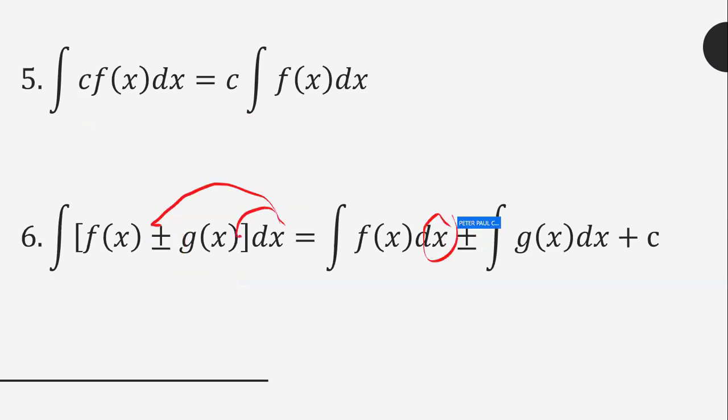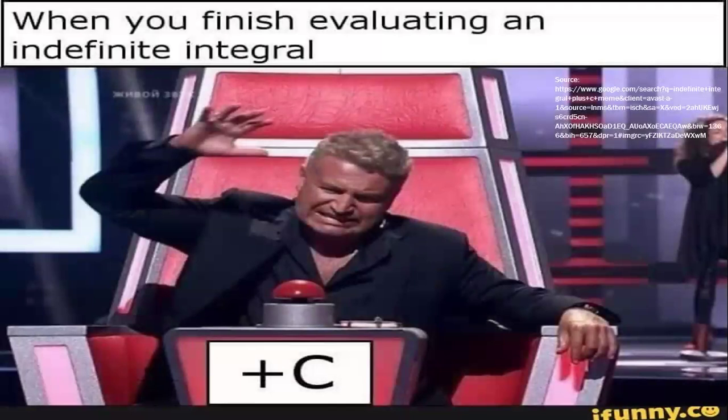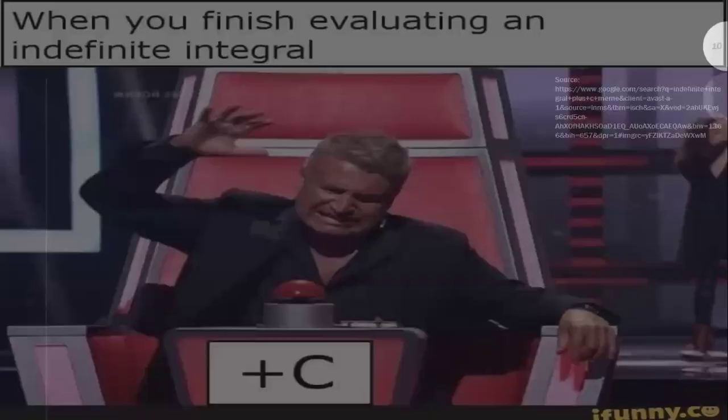The variable of integration is distributed, but your plus c always appears. So always take note that when you finish evaluating an indefinite integral, do not forget to write your plus c, because without plus c, your final answer will not be accepted. Okay?